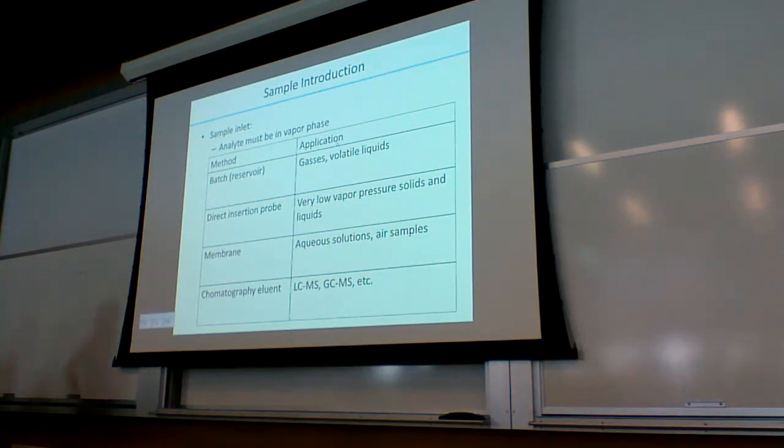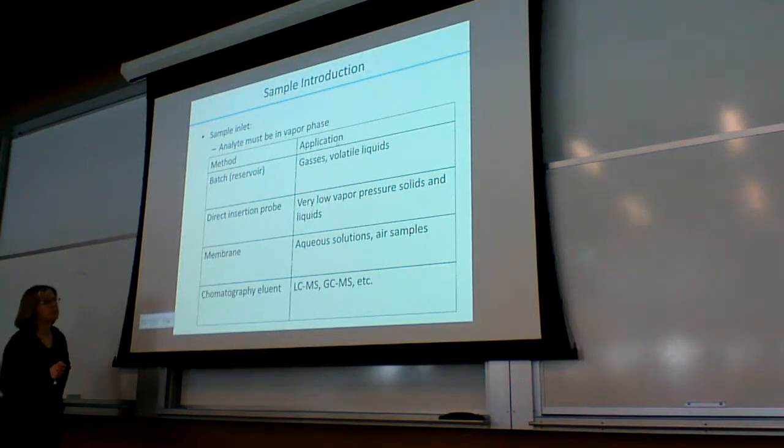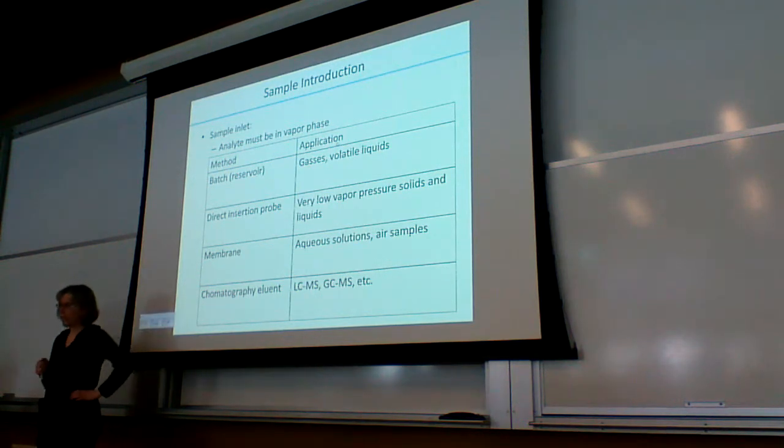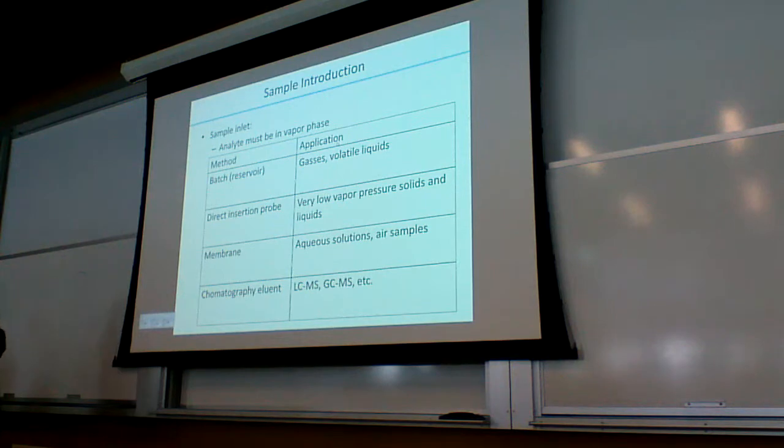The membrane sampler could be used for an aqueous solution or some type of air samples. And this, you're going to have a membrane that certain things can pass through and other things would be left behind. So it's a diffusion-based separation.